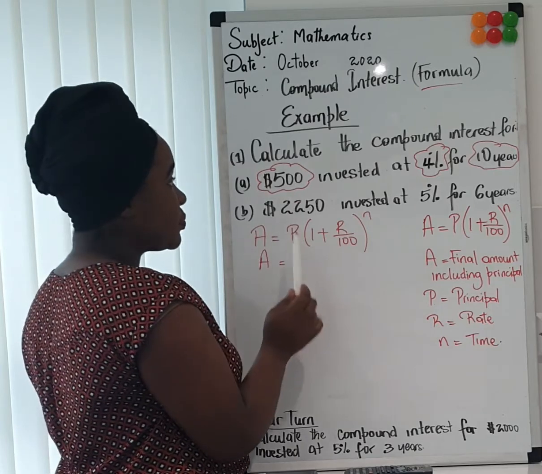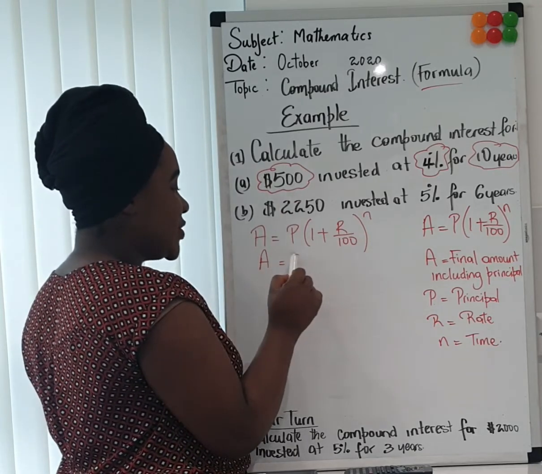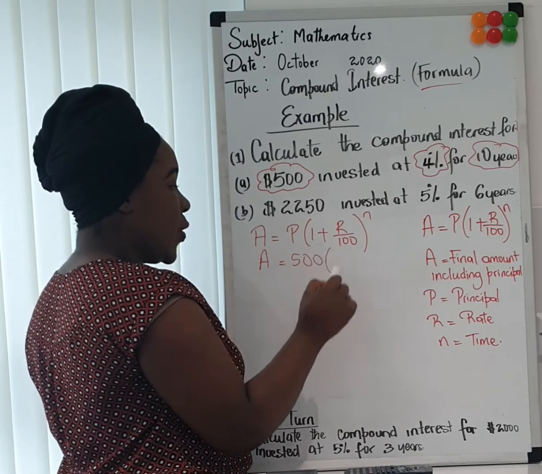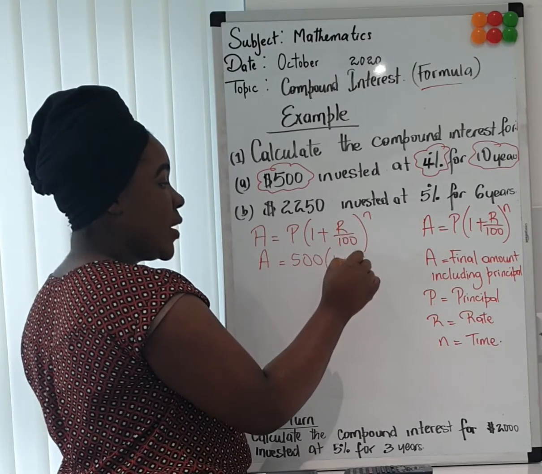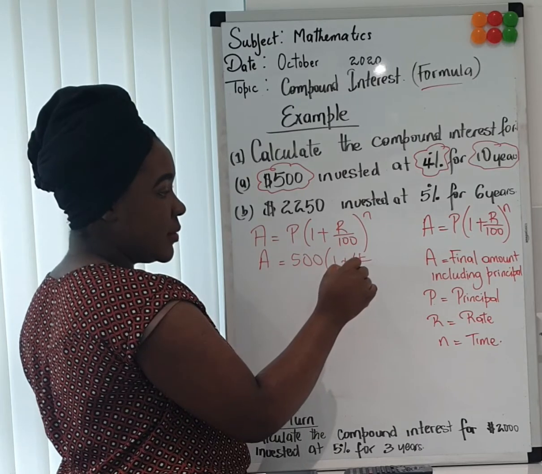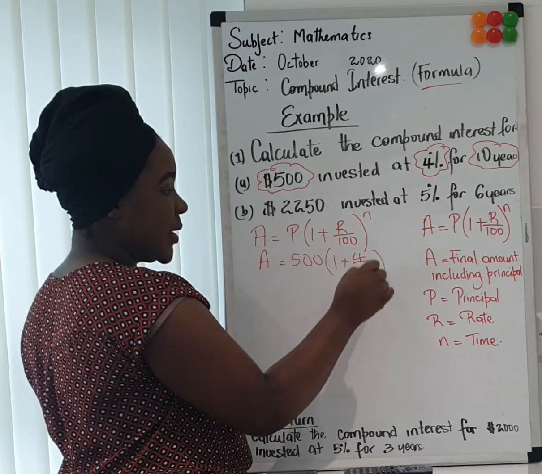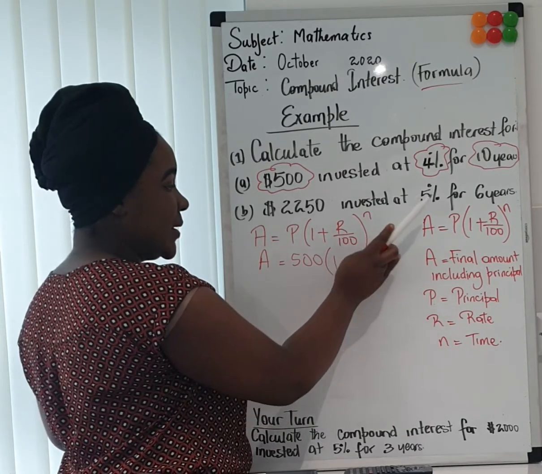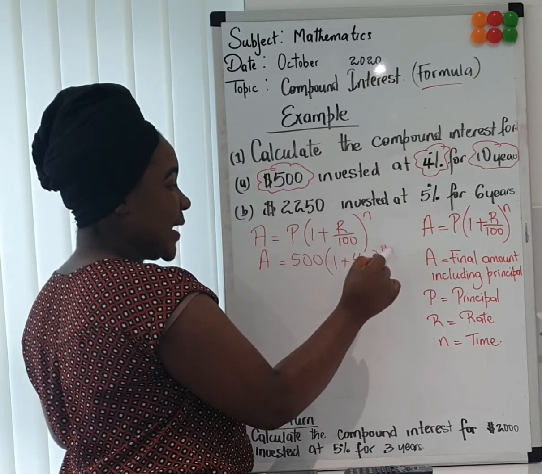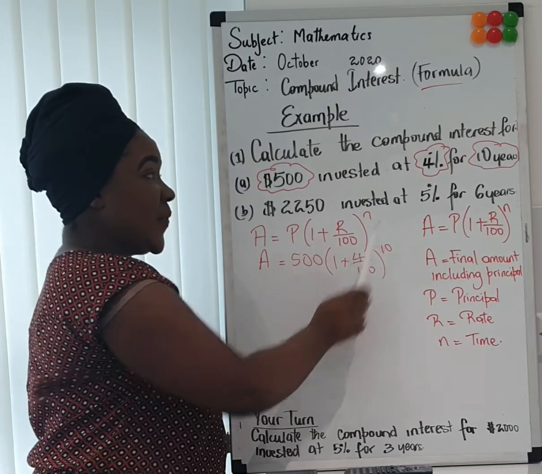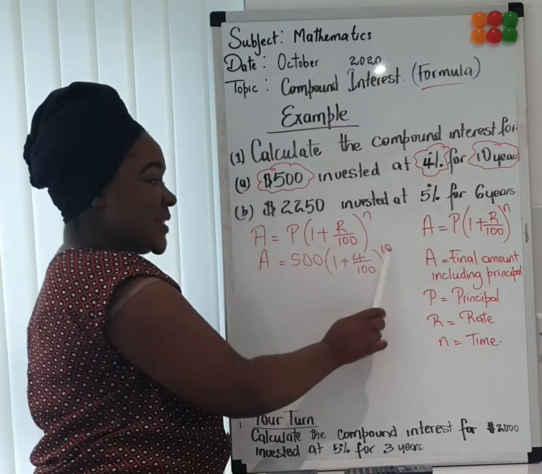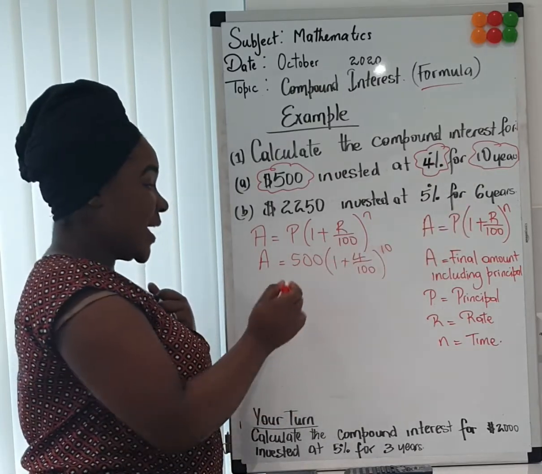So P would be 500, open bracket 1 plus R, which is 4 over 100, and n, which is 10. I fill in the 500, the 4%, and the 10 years, and then simplify.